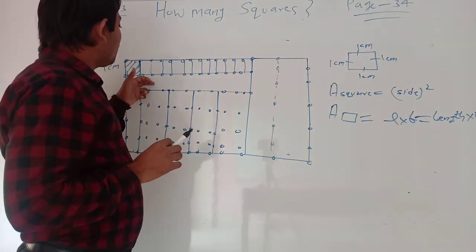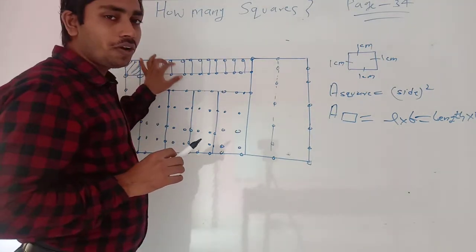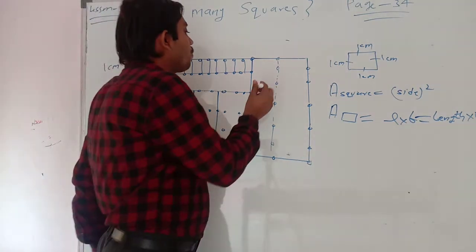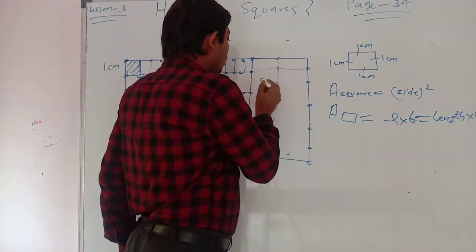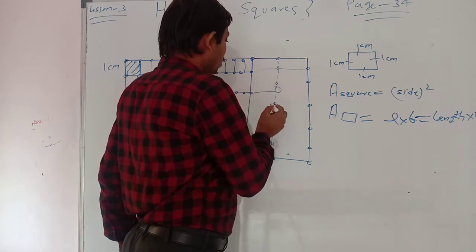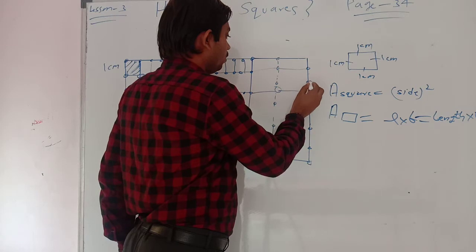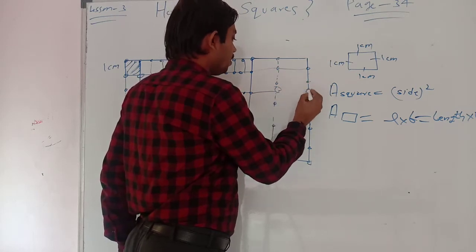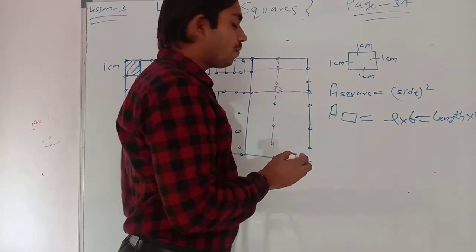So you can see here, in the same way how we made 12 squares in this one, here also we can make, and here also we can make, my dear student, 12 squares. You can see, by joining this we can make it. Let me take here. So this is an approximate figure.